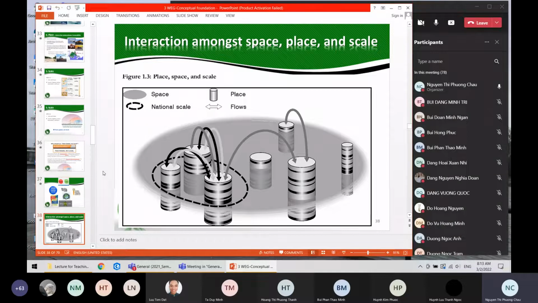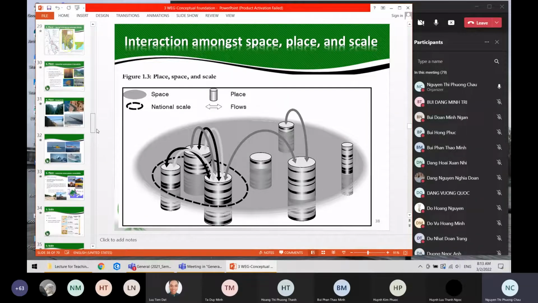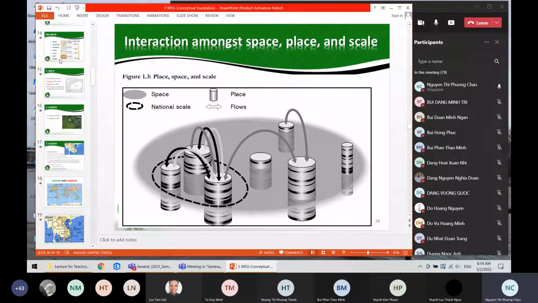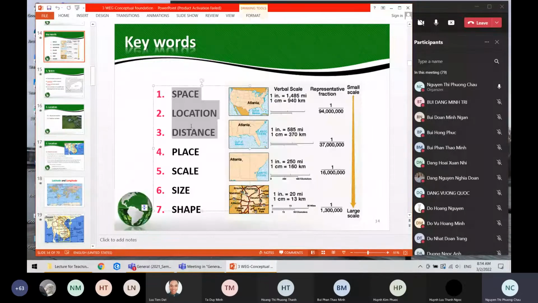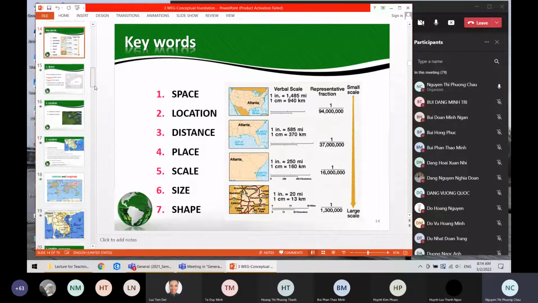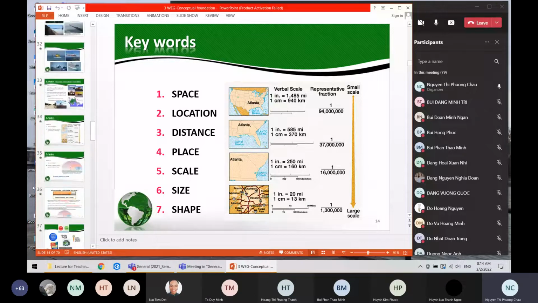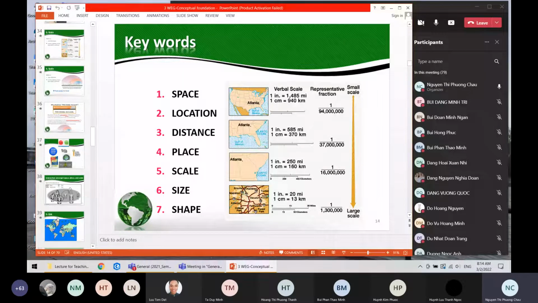So until now, we have discussed the first 5 concepts: space, location, distance, place, and scale. Now we will see the relationship among these concepts.